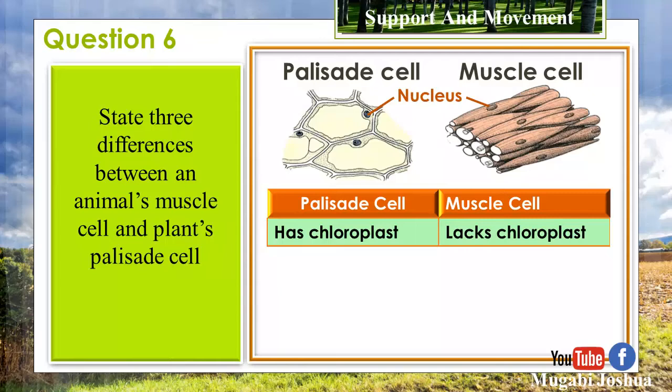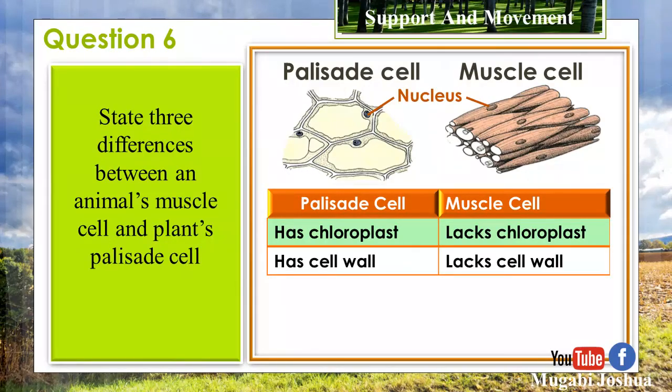So we can say the palisade cell has got chloroplasts, whereas the muscle cell lacks chloroplasts. The palisade cell has got a cell wall, whereas the muscle cell lacks a cell wall.